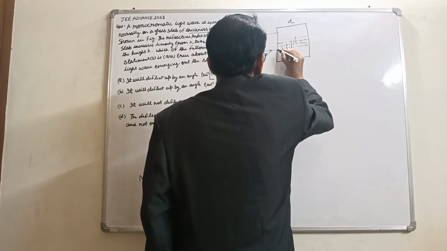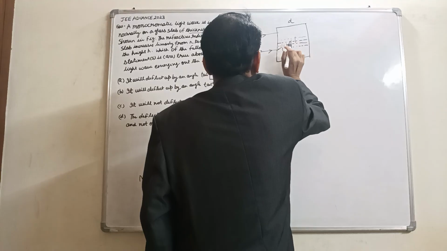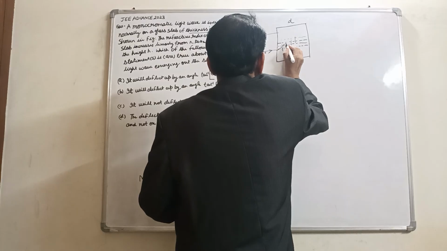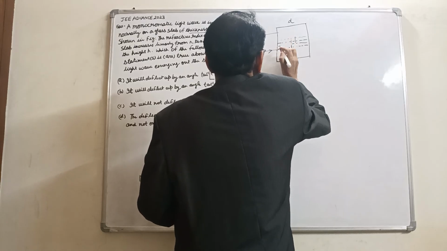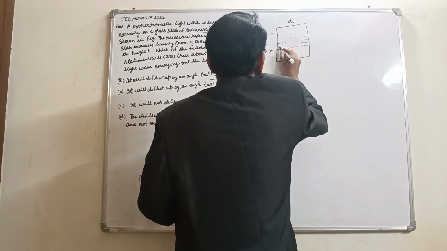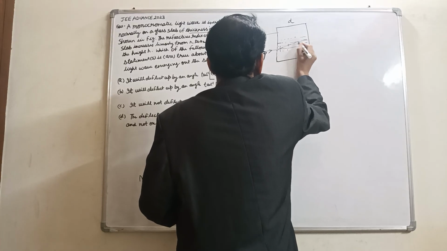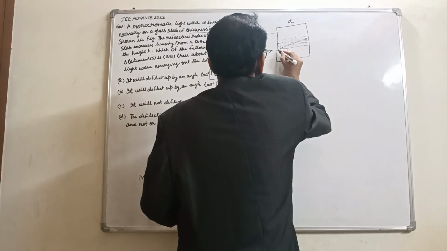So we see this light ray, and this is the normal here. We take the normal here and the normal here, so the ray would be deviated.